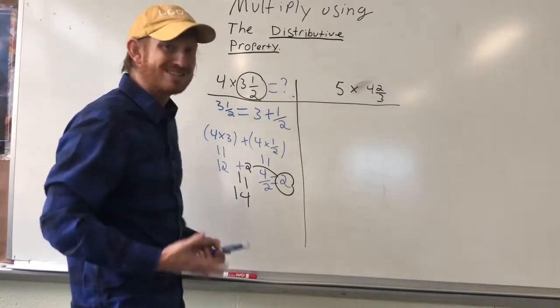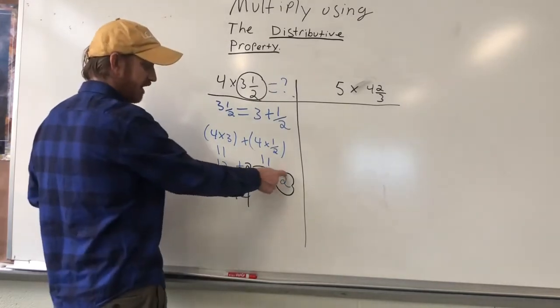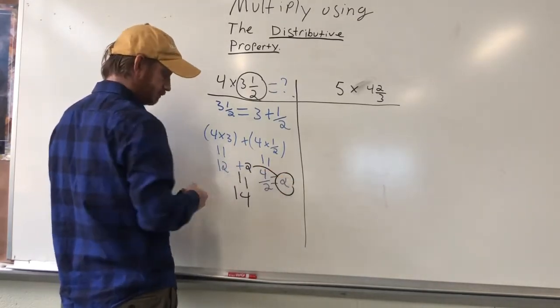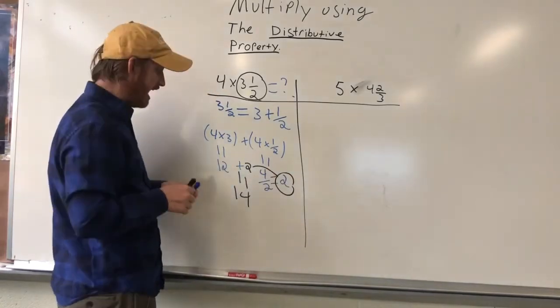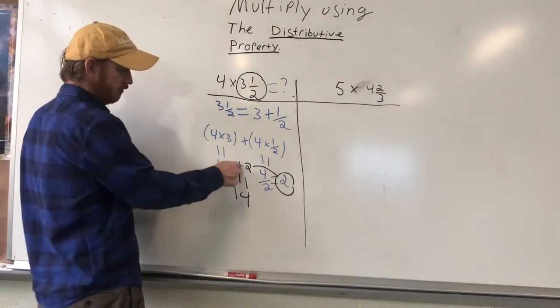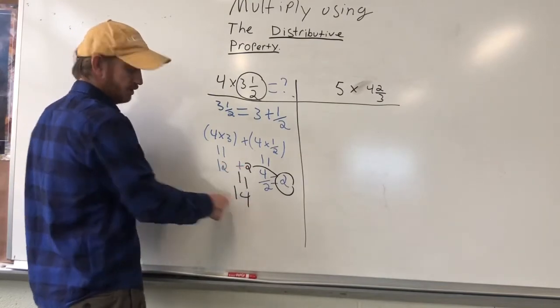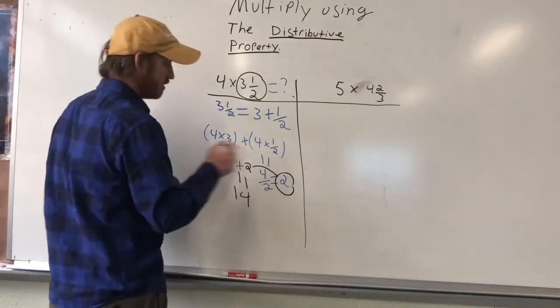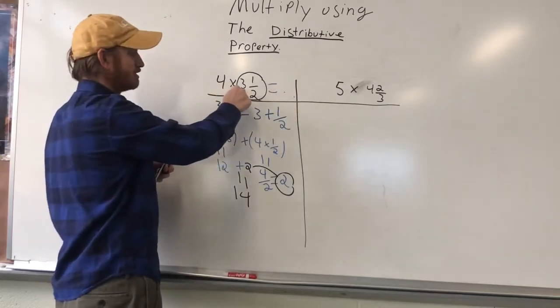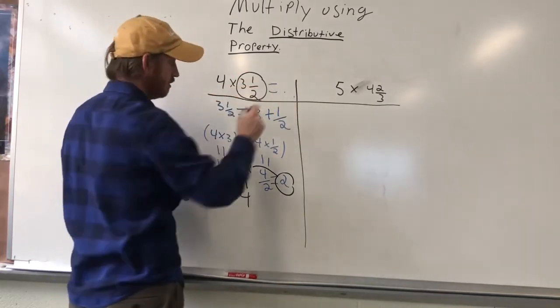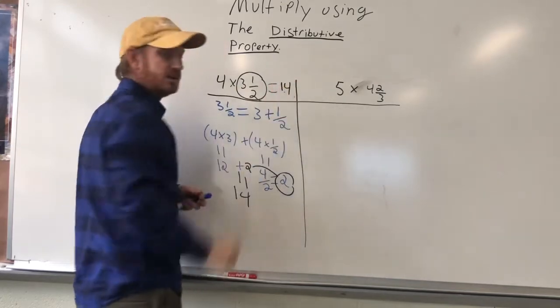But 4 over 2 wasn't simplified, so we simplified it into 2. Then we had our main equation, 12 plus 2 is 14. So that lets us know that 4 times 3 1/2 is 14.